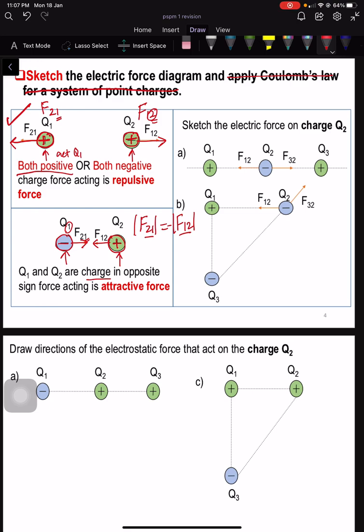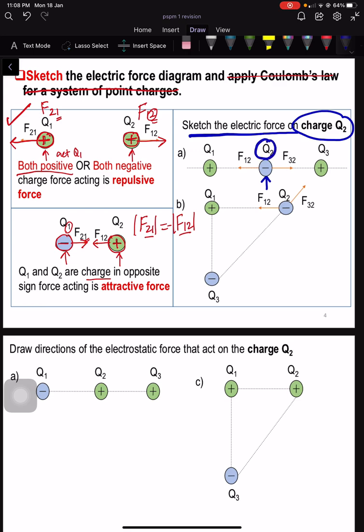So let's look here. Let's say we have more than two charges. Sketch the electric force on charge Q2. Charge Q2 means that we only look at charge 2. What will happen to charge 2?